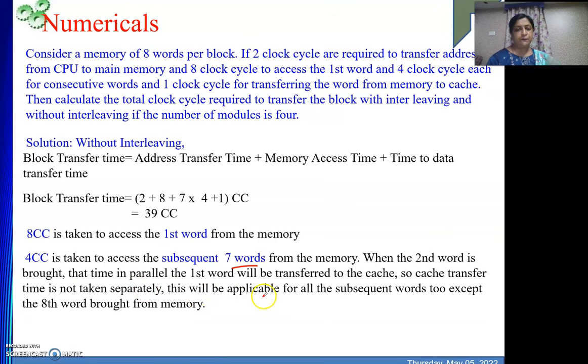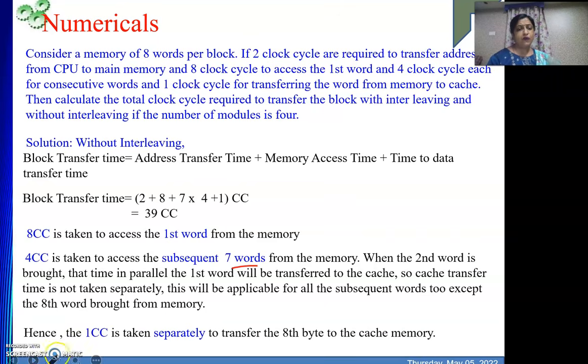This will be applicable for all the subsequent words except the 8th word brought from the memory. So that is not going in parallel with something. Hence, the 1cc is taken separately to transfer the 8th word to the cache memory. So because of that, we arrive at this expression, and when we solve this, we get 39cc. Hope this part is also clear.